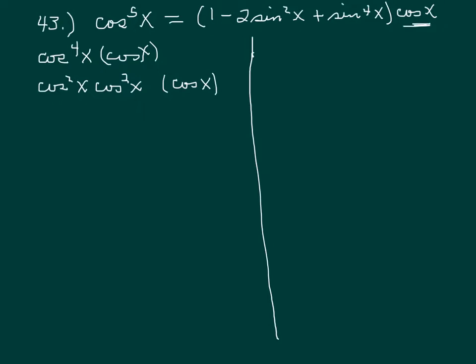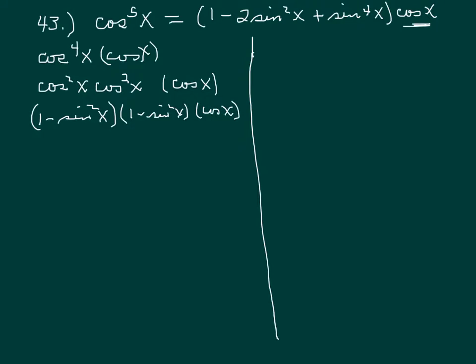I have cosine squared x. The identity I know is cosine squared x plus sine squared x equals 1. So this cosine squared x is 1 minus sine squared x. 1 minus sine squared x, and then the cosine x that I'm carrying.